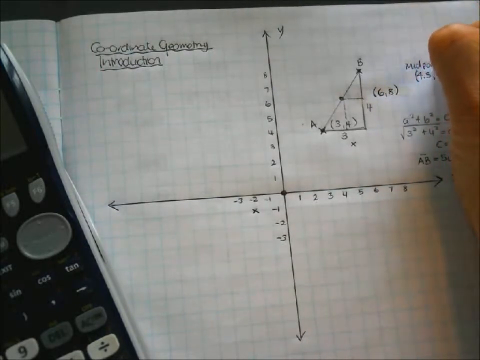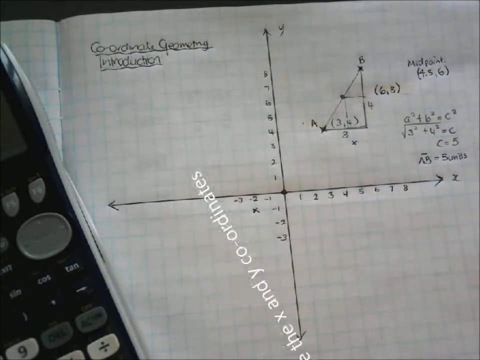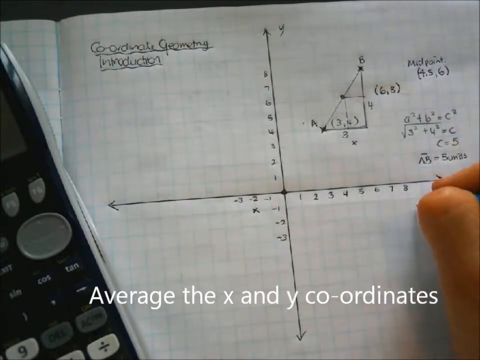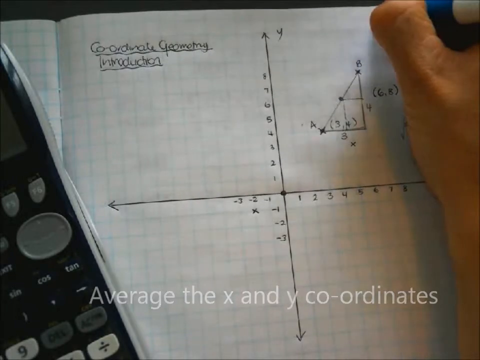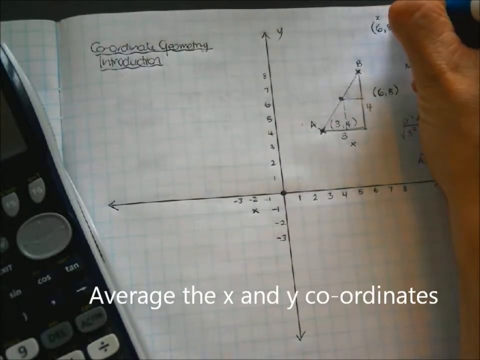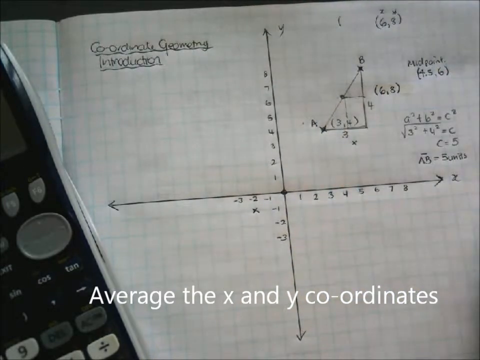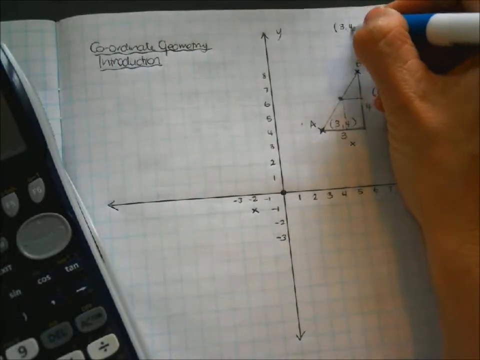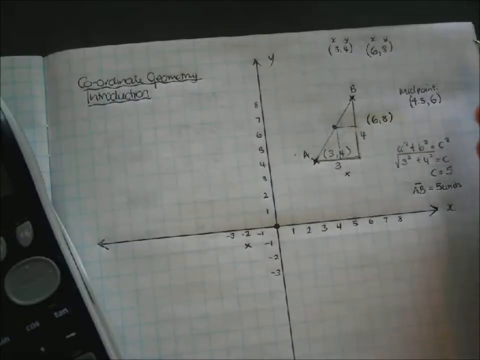This is the midpoint. What we've actually done is averaged these 2 coordinates. So let's look at these coordinates again. They were 6, 8, this is my x and my y, and the other one was 3, 4. Okay, my x and my y.